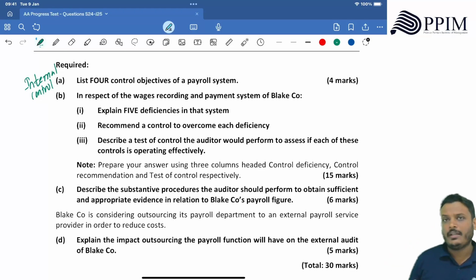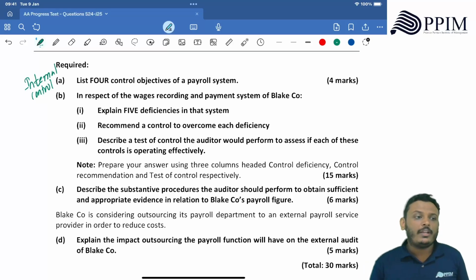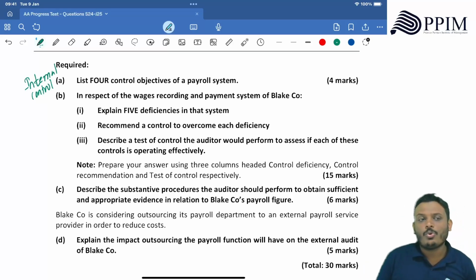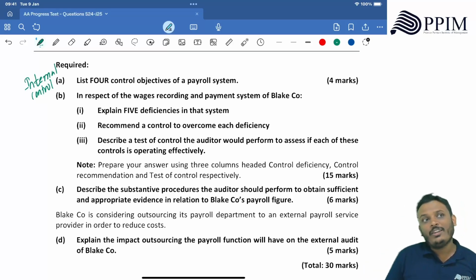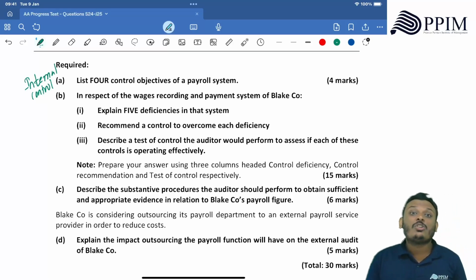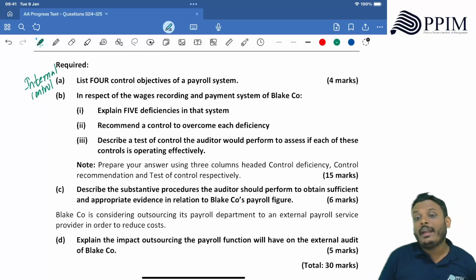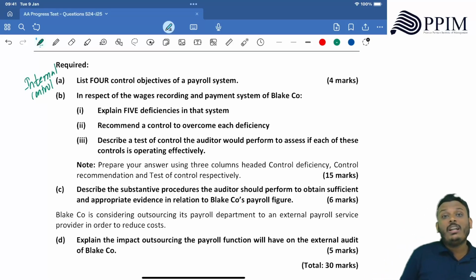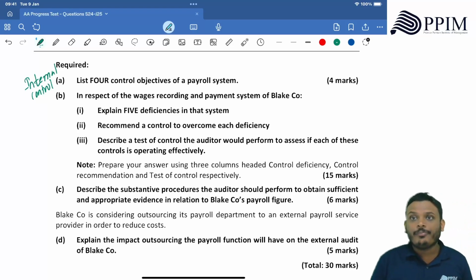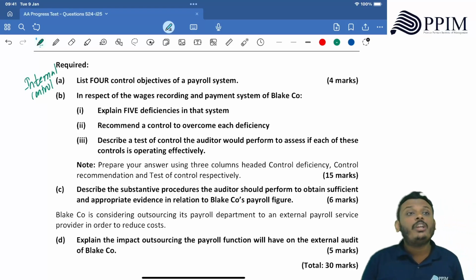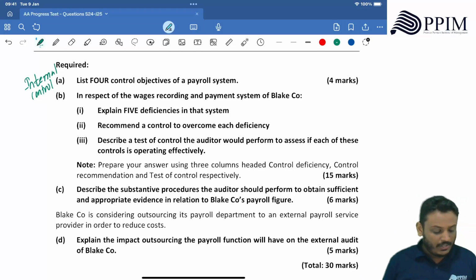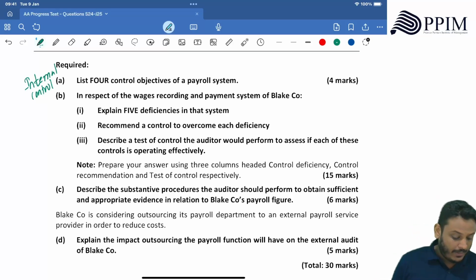For example, I can say, to ensure there are no bogus employees, no ghost employees, to ensure the payment is correctly calculated for those employees, payment is made on time, payment is not duplicated, and the payment is made only for the work they did. All these are objectives that we are trying to achieve, right?